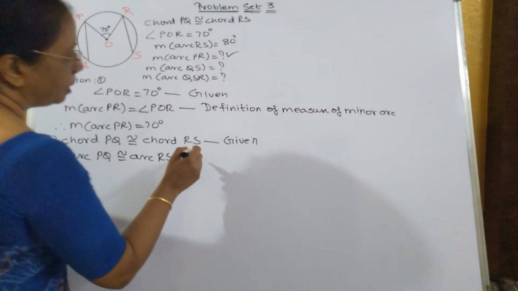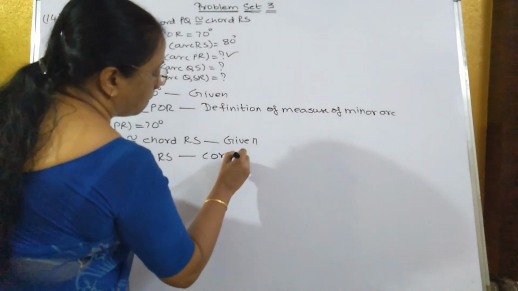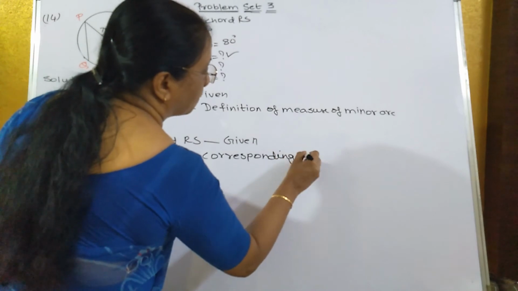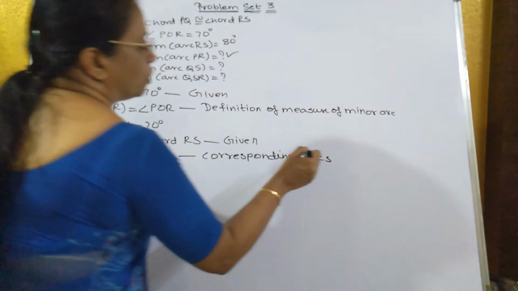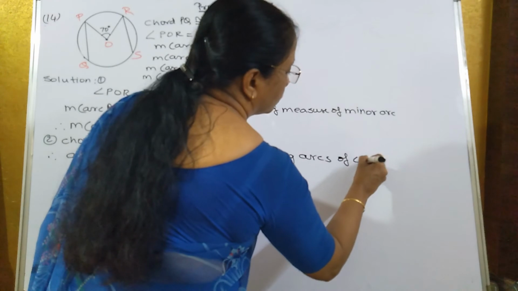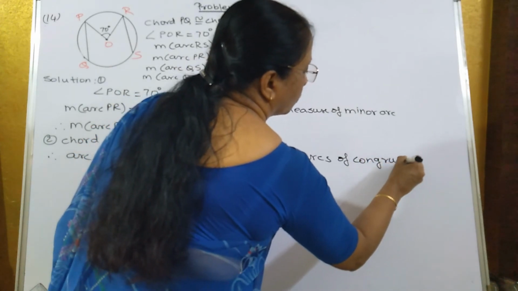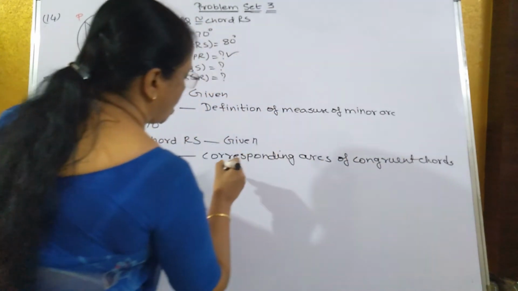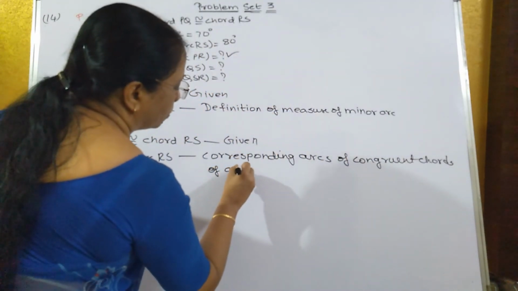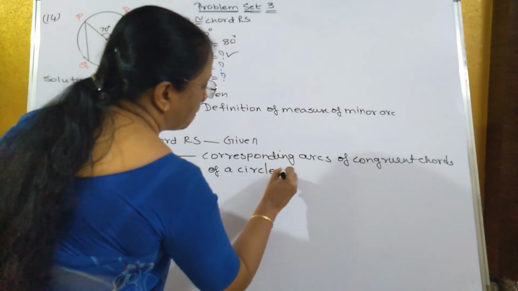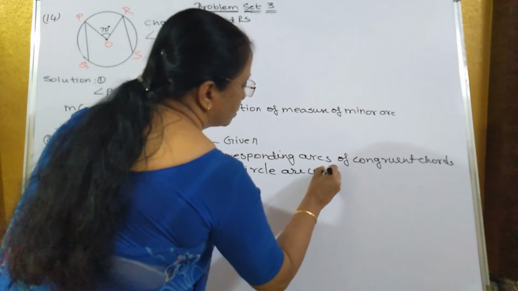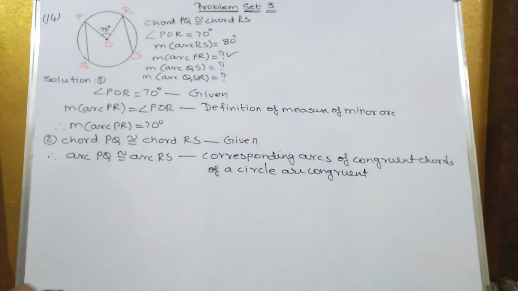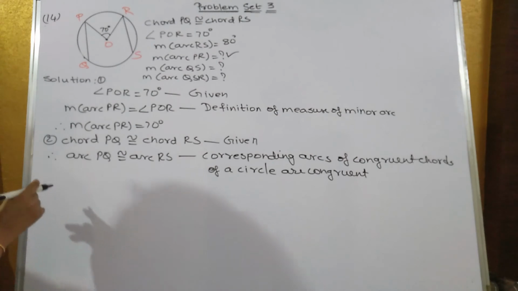Reason, what you'll write: corresponding arcs of congruent chords of a circle are congruent. So if the chords are congruent, then the arcs corresponding to them also will be congruent.